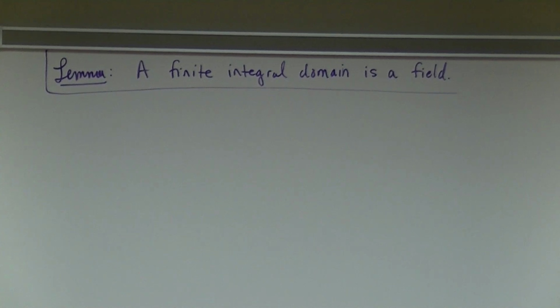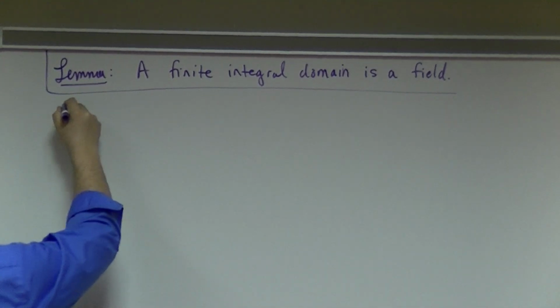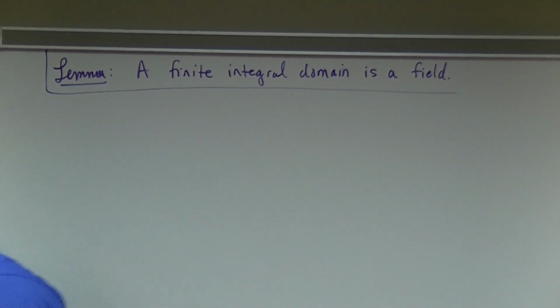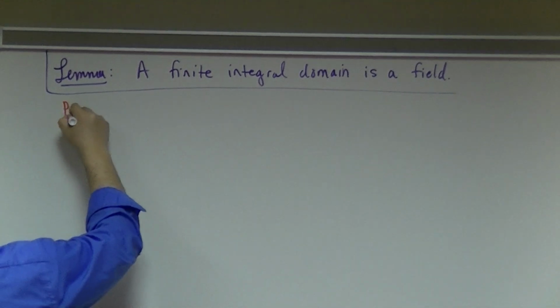The proof here is really simple. Let a be non-zero, and then just start looking at a list of powers of a. All right? So, proof.